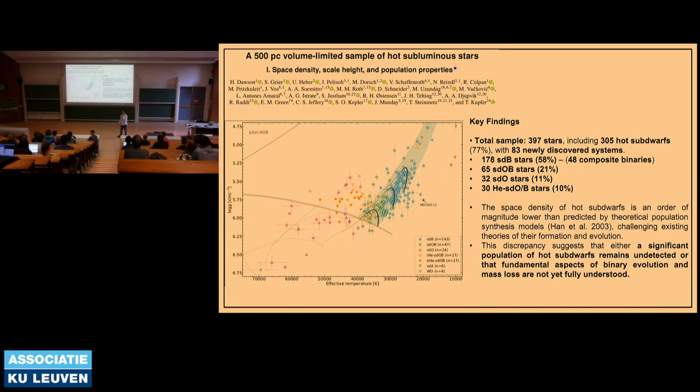Okay, thank you. You're welcome. And concerning sdOs, we also have a few pulsating candidates, so not many. If I got the question right, Teff and log g come from spectroscopic analysis. What is the potential effect of stellar oscillations on line profiles, and how could this diagram be perturbed by the effect of pulsations on the spectrum? That's a great question.